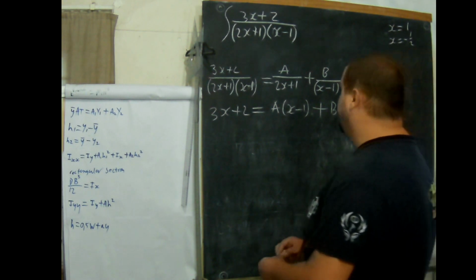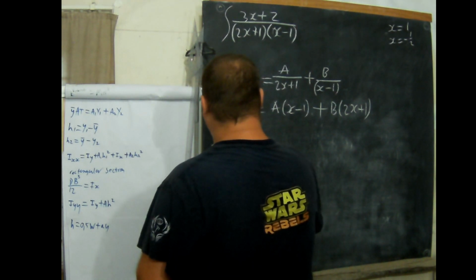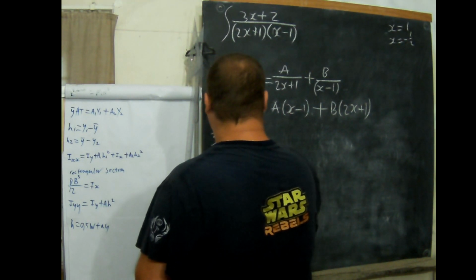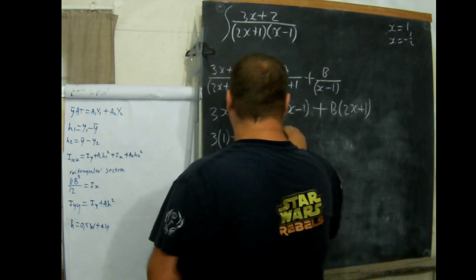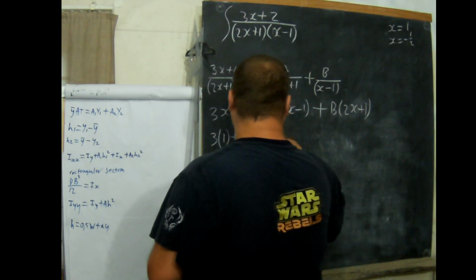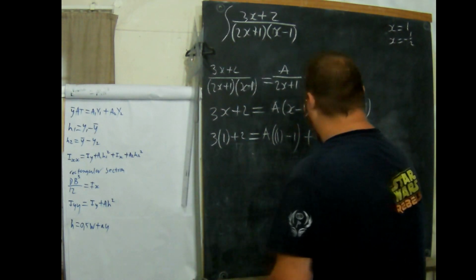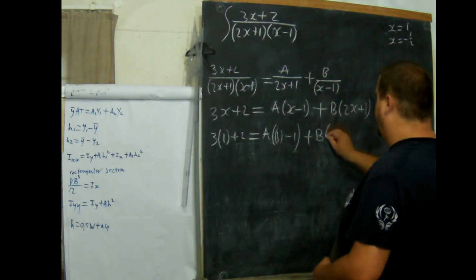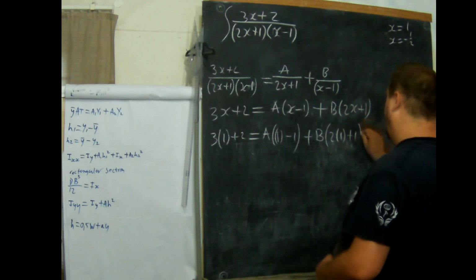So what we're going to do is say 3 times 1 plus 2 equals A times (1 minus 1) plus B times (2 times 1 plus 1).